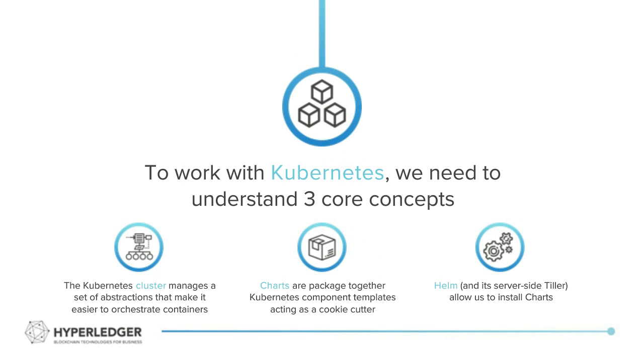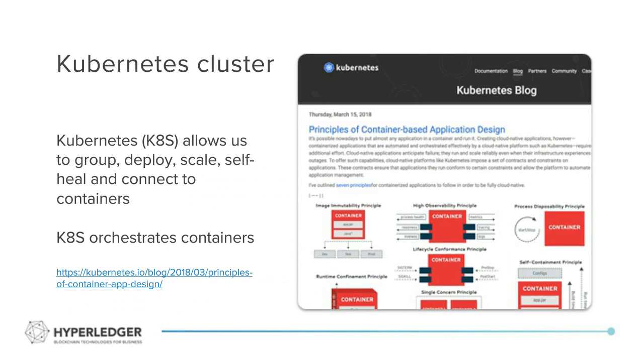The Kubernetes cluster, hosting the microservices, the chart packages that define the app, and the Helm service that allows us to install charts. So the Kubernetes cluster itself works with a set of abstractions that allows us to group, deploy, scale, and connect containers and ensure they stay running by doing health checks and so-called self-healing, which essentially means redeploying components that have stopped working.